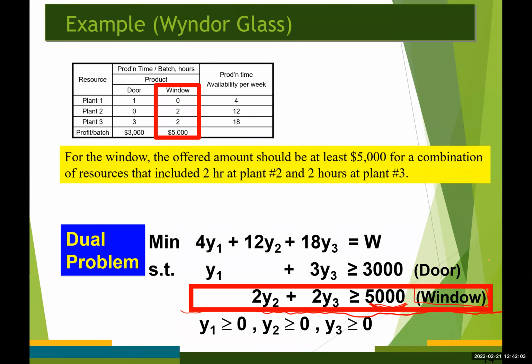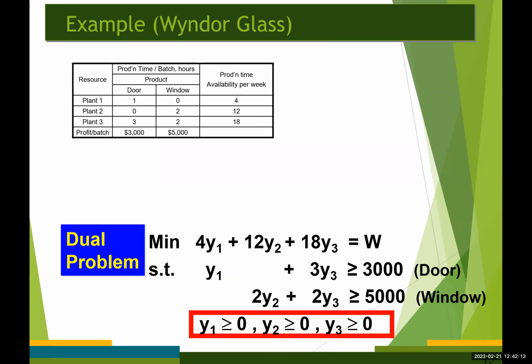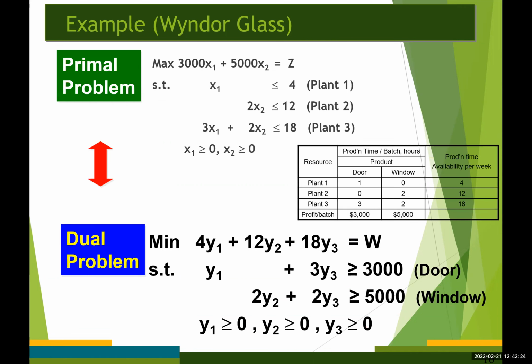And of course, the sign restrictions on Y1, Y2, Y3, all of these dual variables, must also hold. The solution to the window dual problem is the prices for labor hours in plant number 1, plant number 2, and plant number 3.